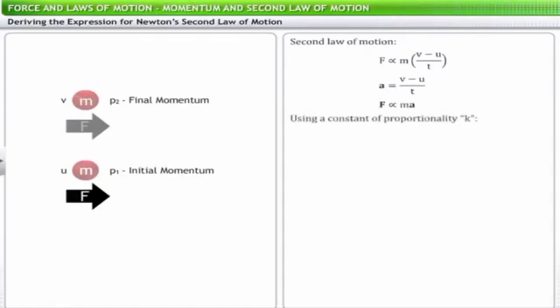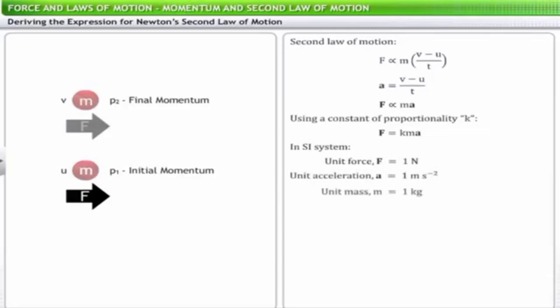We use a constant of proportionality k to equate this relationship. Therefore, F = kma. In the SI system, a unit force is a force with a magnitude of 1 Newton. Unit force is defined as the force that produces unit acceleration, that is, 1 meter per second squared, when applied on a body of unit mass, 1 kilogram.